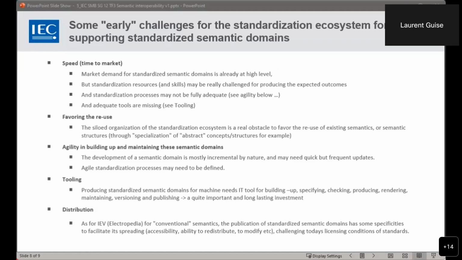So how do we facilitate such extension? There are plenty of questions regarding distribution that need to be addressed as well. So these are the challenges that we know are in front of us, and we expect through this initiative of SG12 to improve today's situation.